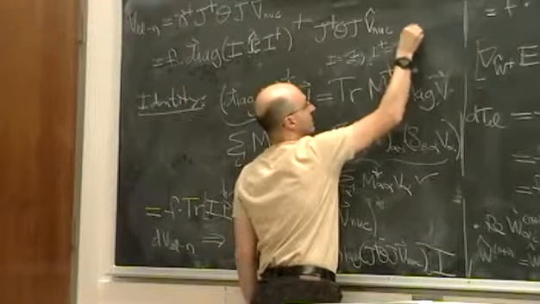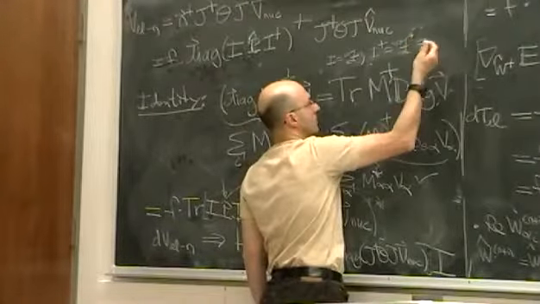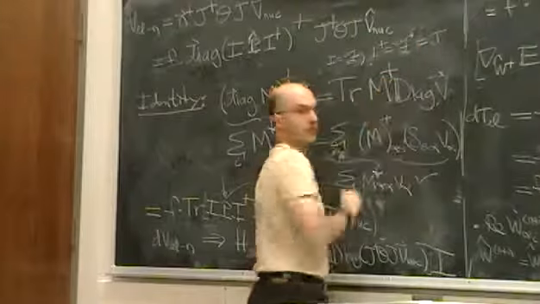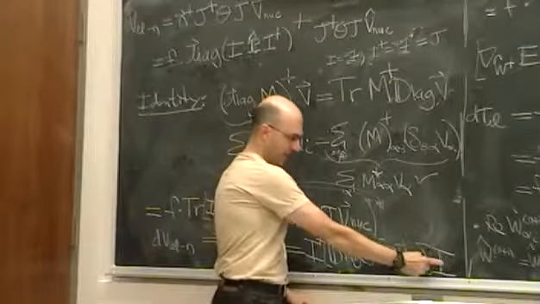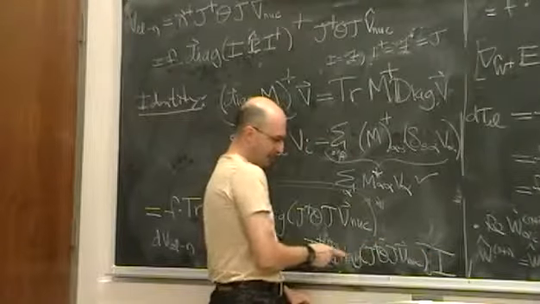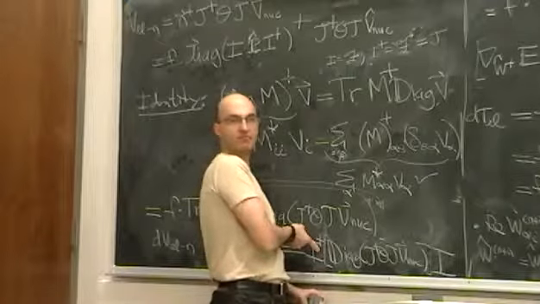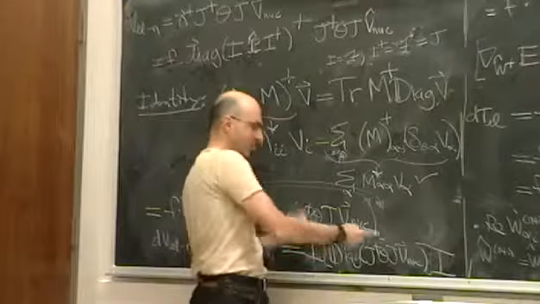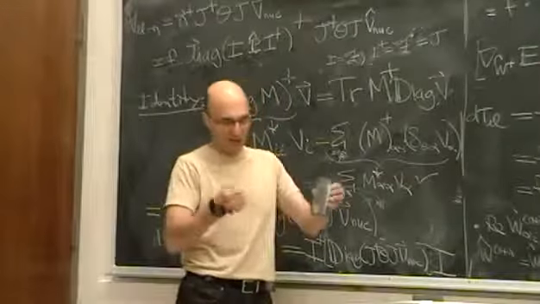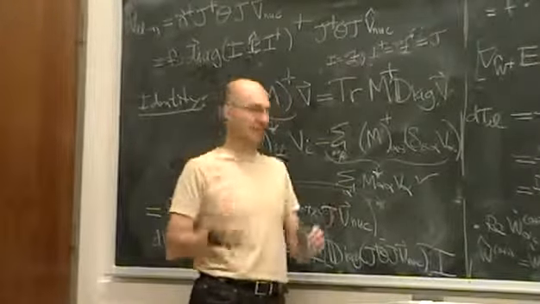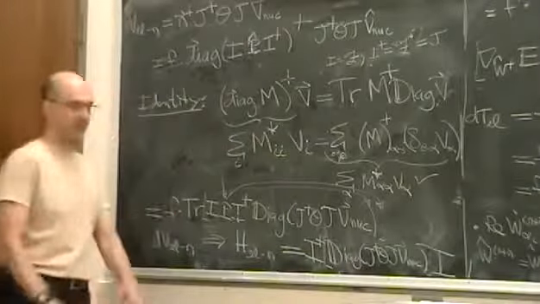It's F star transpose, but F is symmetric. And F star is, apart from normalizations, just the inverse transform. So this thing puts me into real space, multiplies by some normalized version of the nuclear potential, and transforms me back. And the nice thing is, this takes care of all the normalizations for you. We know you're supposed to do something like that, but when you code it up, sometimes it's not clear how things are normalized. But here, in this language, it is. Okay, so that's the derivative of electron nuclear.